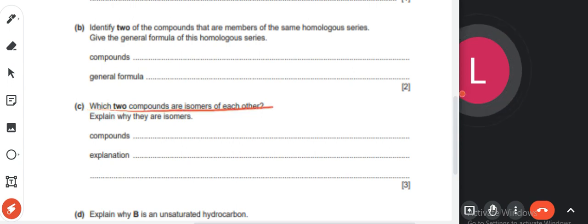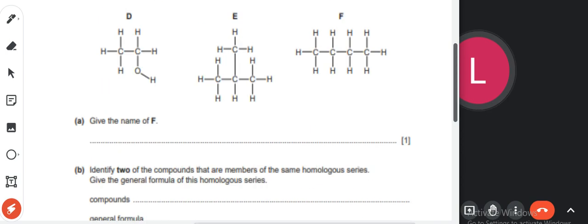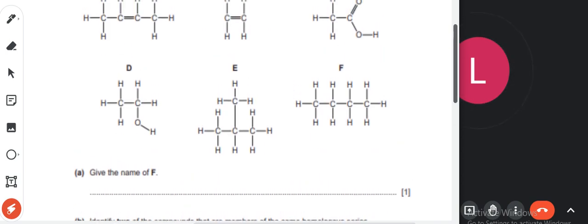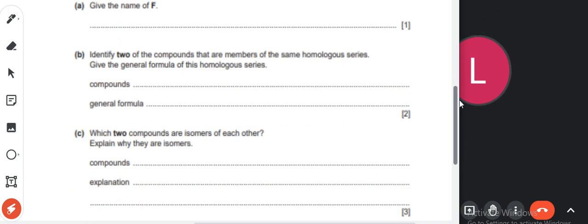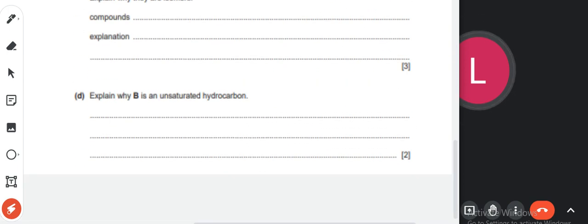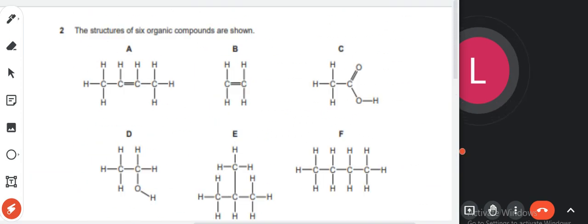Which two compounds are isomers of each other? Explain why. Isomers have the same chemical formula, but different structural formula. You can count the number of hydrogens with carbon. The ones that have the same formula but different structural formula belong to the same isomers. Now explain why B is an unsaturated hydrocarbon. Unsaturated means they have a double carbon-carbon bond, which means you can still split the double bond into a single bond.